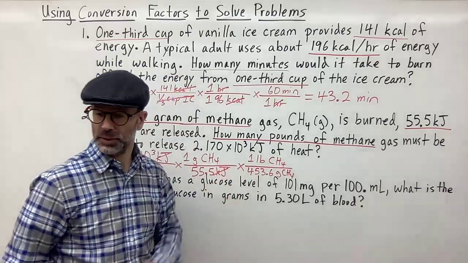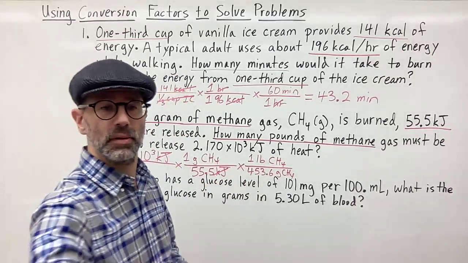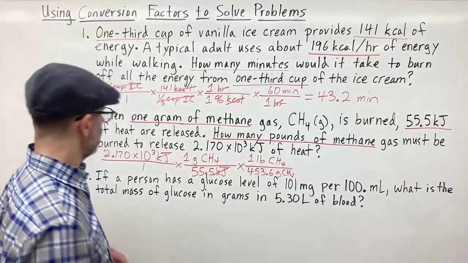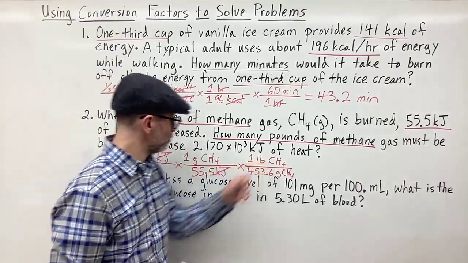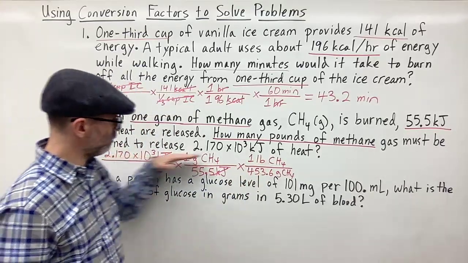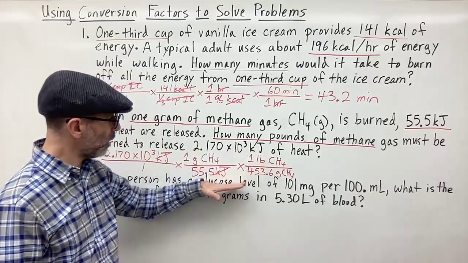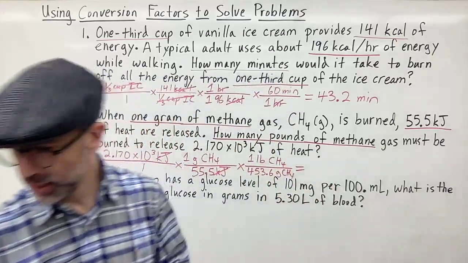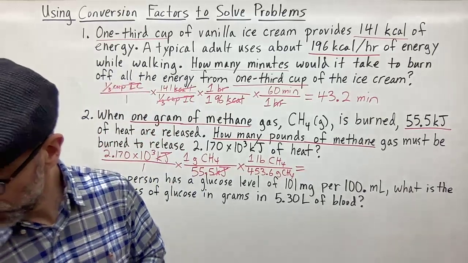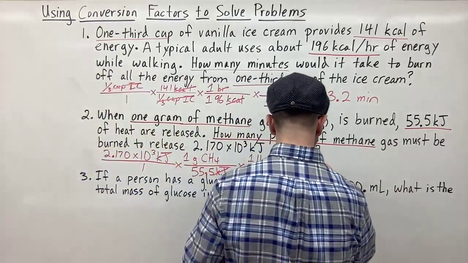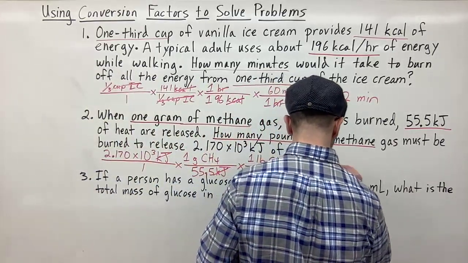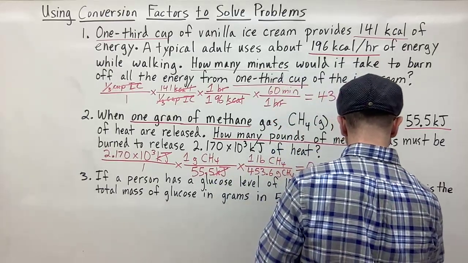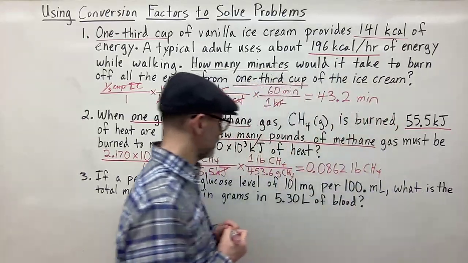And so now, let me double check here. Okay, and that is correct. So now that I have the pounds, I'm going to multiply everything on the top, divide by everything on the bottom, and I get my answer. And when I calculate this out, I get 0.0862, and that's pounds of methane gas.